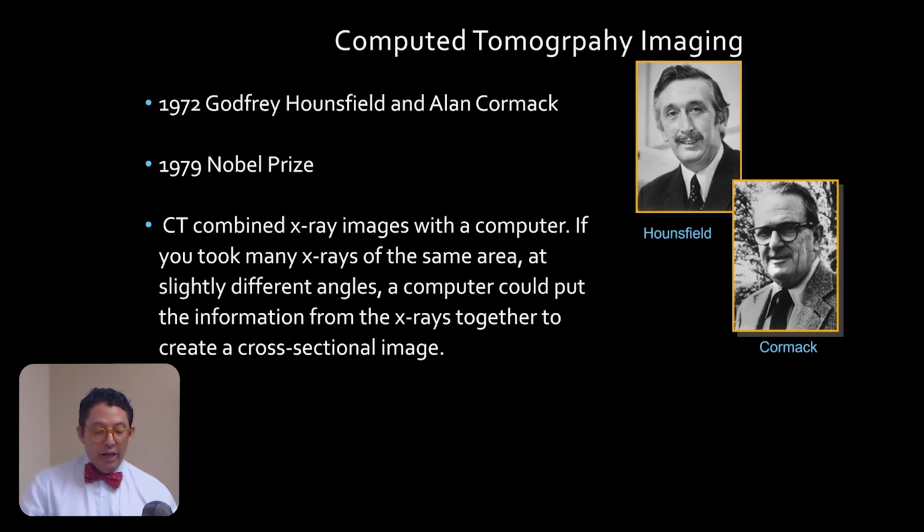CT is a combination of these images where a computer combines the X-rays as they rotate around a human. You take many X-rays in the same area at very slightly different angles, and a computer puts the information together and can reconstruct a 2D plane where they crossed it. And that, my friends, was very unique.